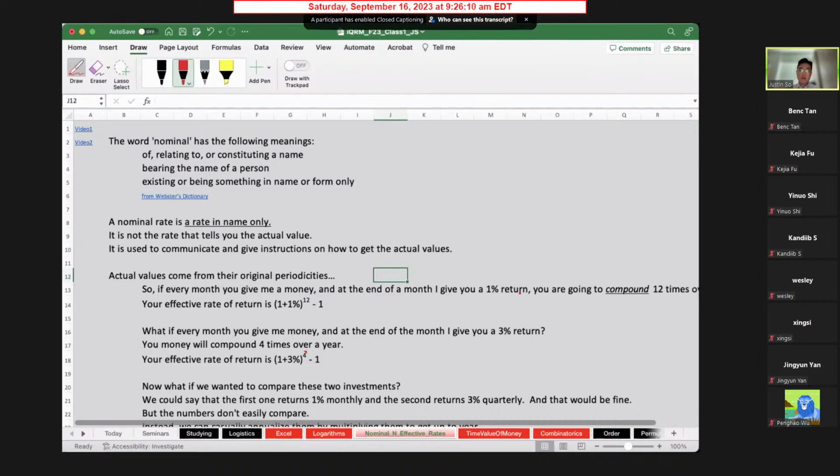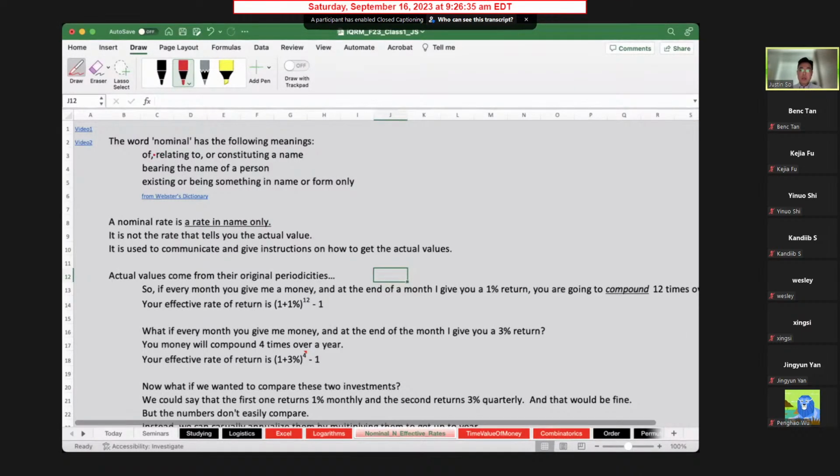So 12%. But if $1 is earned at the end of the first month, it doesn't stay like that. It will earn interest again in the second month, and then that will earn again in the third month. You're going to keep growing. So you can imagine it's going to be actually a little more than $12.